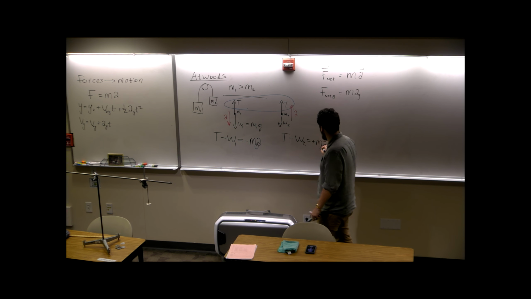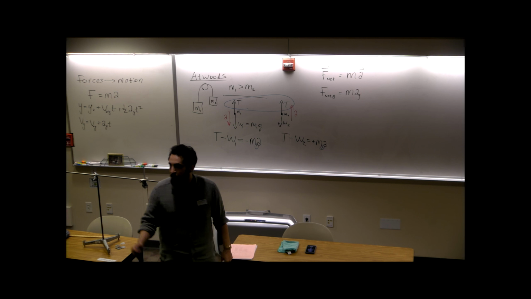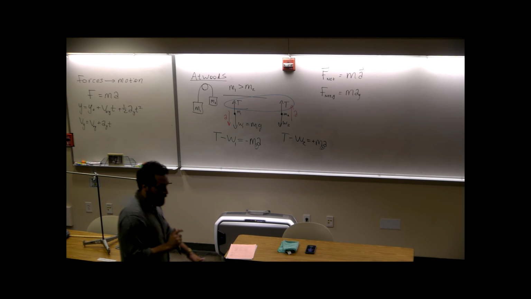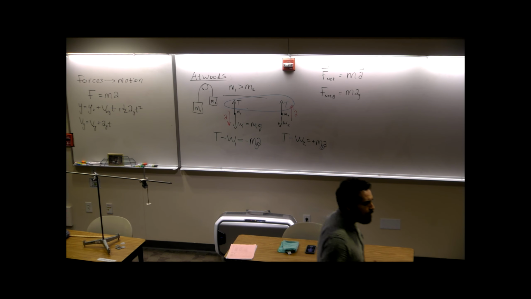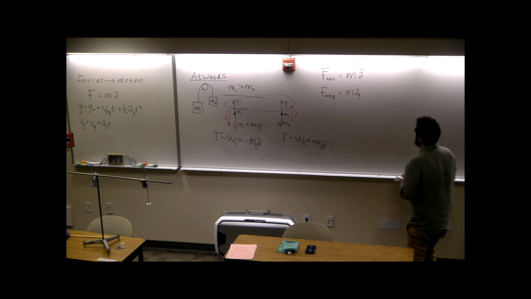Tension minus weight 2 is mass 2 times acceleration. When you apply Newton's second law, you want to make sure that the mass you are discussing is the mass of the system identified in that free body diagram. In this case, my free body diagram just represents single masses. This can be different. This can be looked at in different ways.